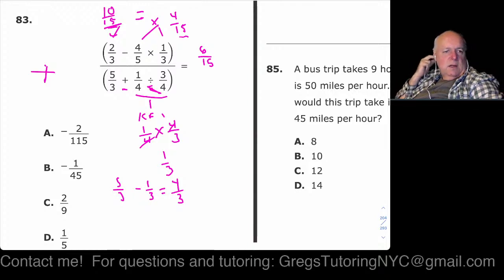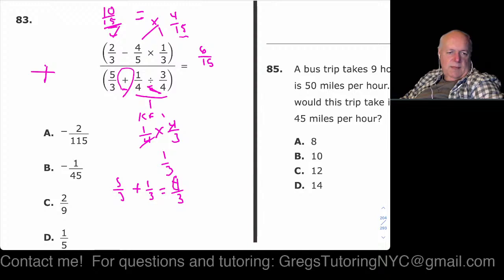The denominator, keep change flip, so 1/4 times 4/3, we get 1/3. 5/3, nope, I did that wrong. This said 5/3 plus here, so this should have been a plus. So we're going to get 6/3, and that's equal to 2, right? So it's important to stop sometimes and double check to see if you did the right thing.